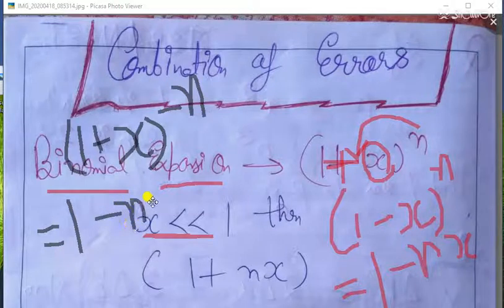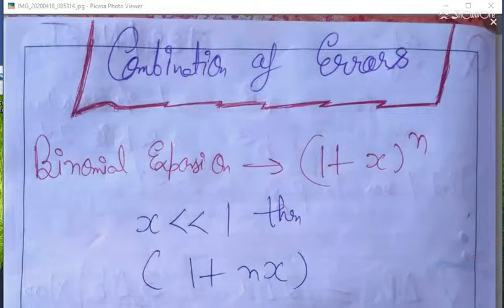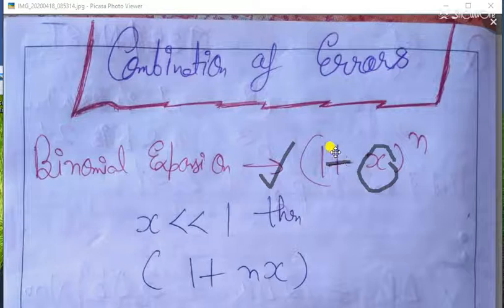You will study it along with the questions when I discuss them. So basically, binomial expansion is nothing but, if x is very small, the sign can be minus or plus, and the power will multiply with the x. That is the binomial expansion.